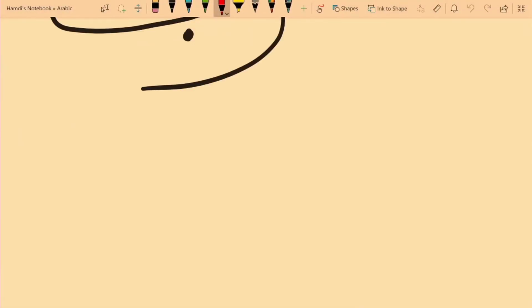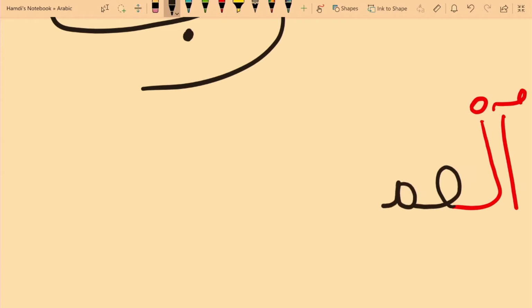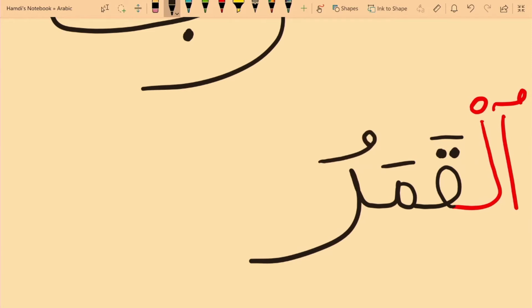There is the L that we use with the word qamar, and the other L that we use with the word shamsun.